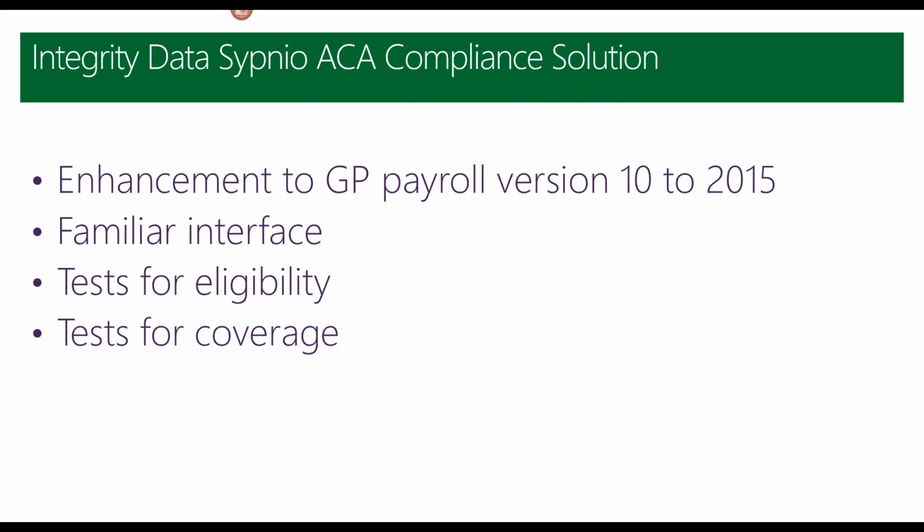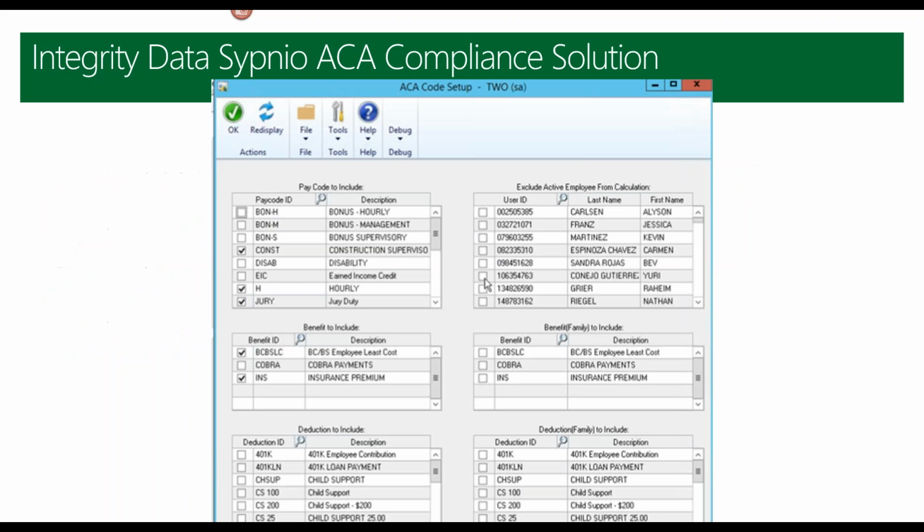And here again, they do the same eligibility tests and coverage that Green Shades does. Here's a shot of their setups. So you can see here's which payroll codes to include, which benefit codes to include. So they have this set up. They estimate setup for their product is 1 to 4 hours. So very easy.